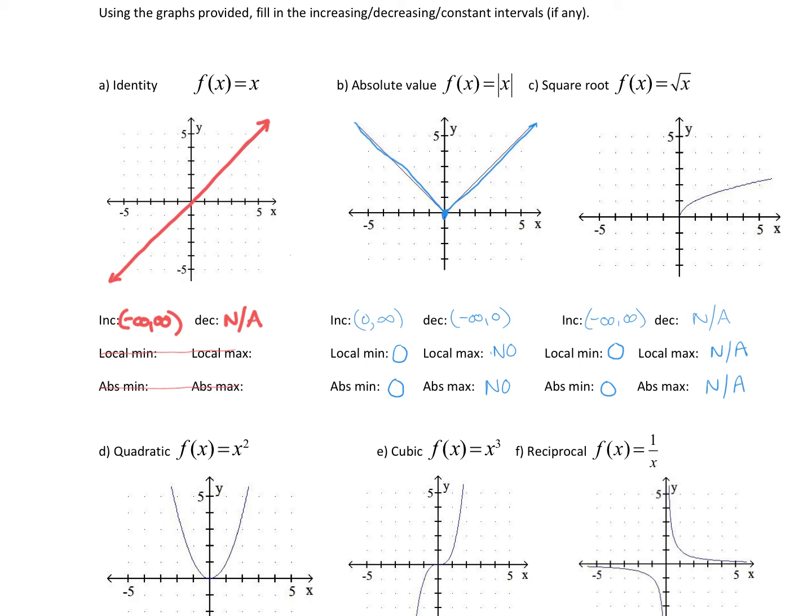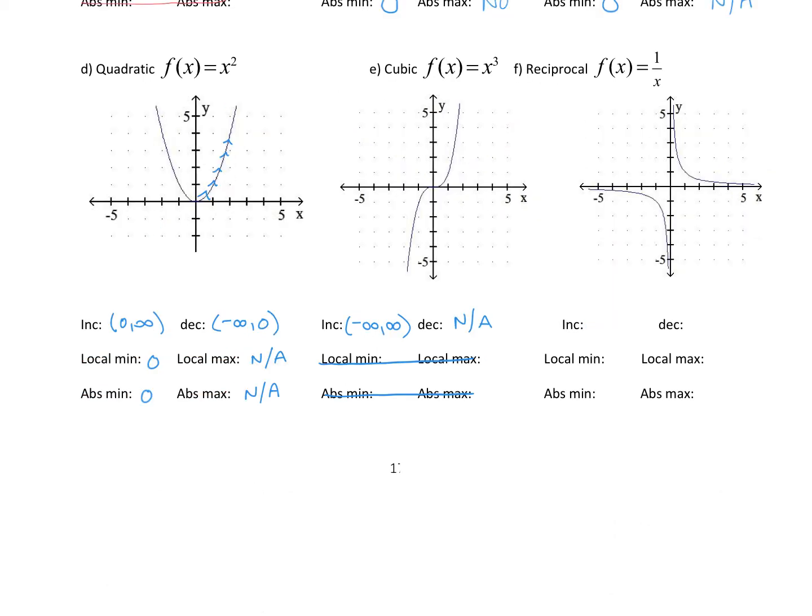So here's the first one. This function, the square root, is always increasing, has a local and absolute min at 0. It's never decreasing and has no local max or absolute max. Okay, for the quadratic, it's decreasing from minus infinity up to 0 and increasing from 0 to infinity. It has a local min and an absolute min at 0, and has no local max or absolute max because it continues on forever.